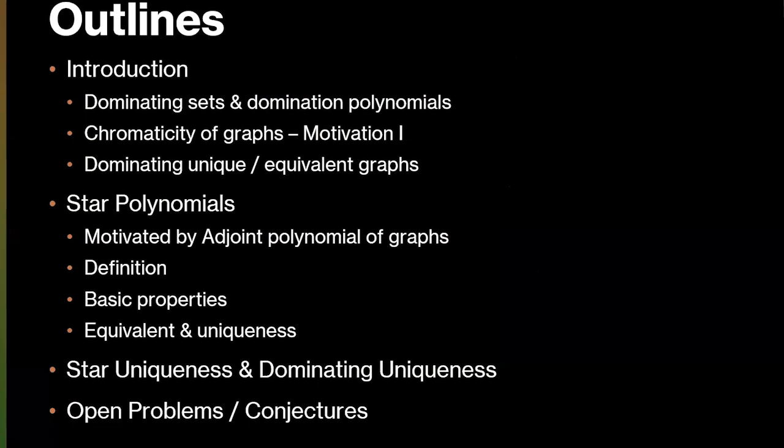So bear with me if you think that what I'm going to present will be something the previous two speakers have spoken about. And then I'm going to talk about star polynomial and how to relate them to domination polynomial and use it to determine the dominating uniqueness of various types of graph. And of course, I will have some interesting problems and conjectures also.